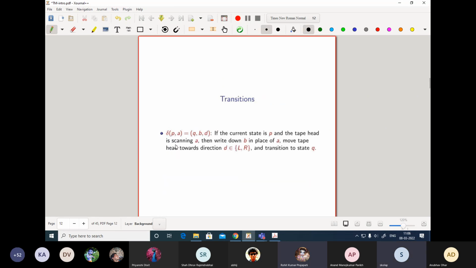Okay, so first let's look at transitions. What do I mean by transitions?